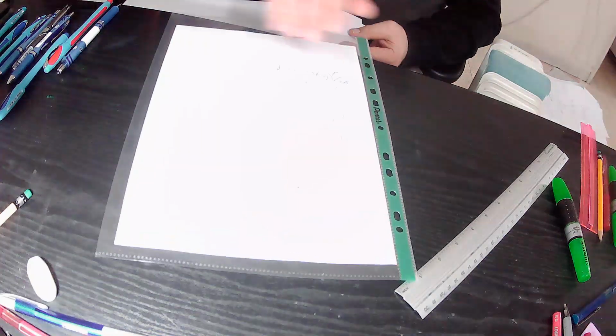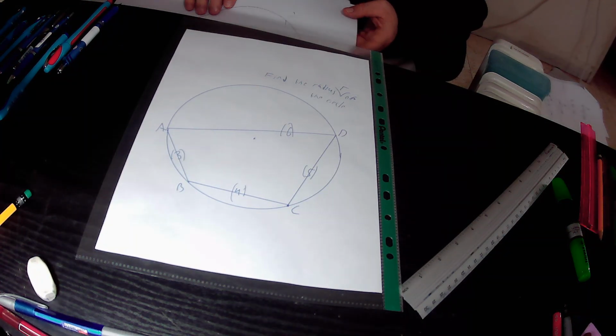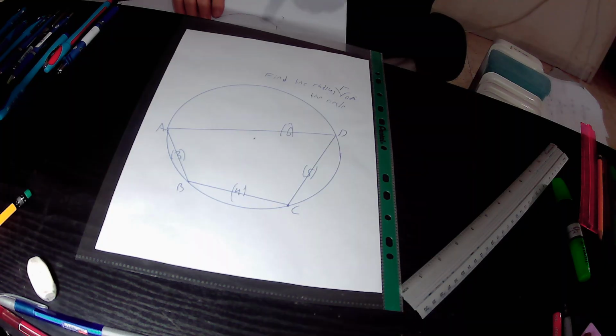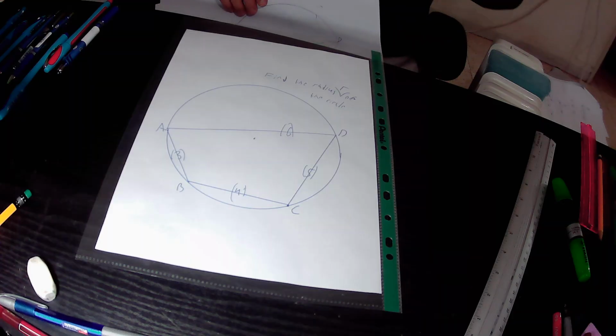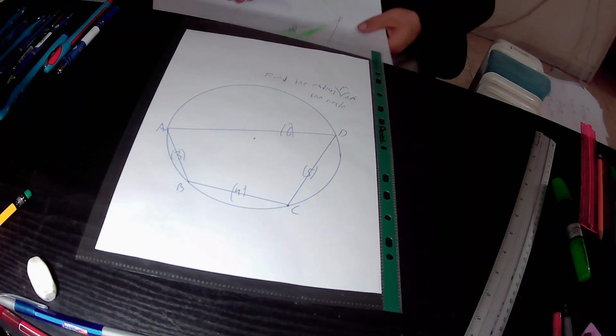In the first question, our task is to find out the radius of this circle. So in the drawing, we have quadrilateral ABCD that is described by this circle.